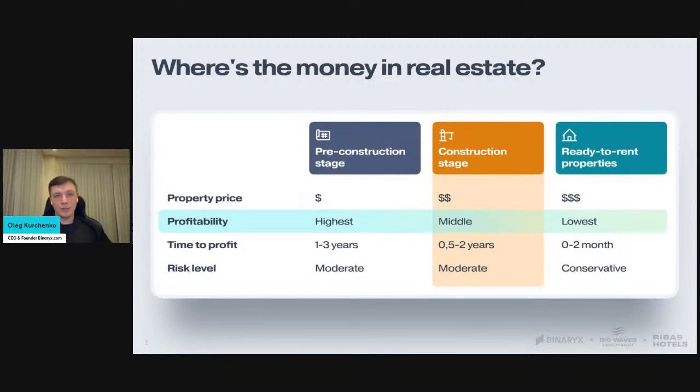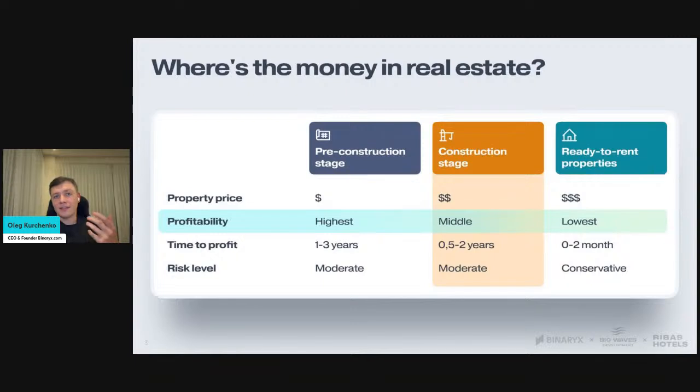I would like to share a few things that are really important. First of all, we need to discuss how you can make money in real estate, and we at Binaryx are trying to cover all those possibilities for you. First, you can make money at pre-construction stages.